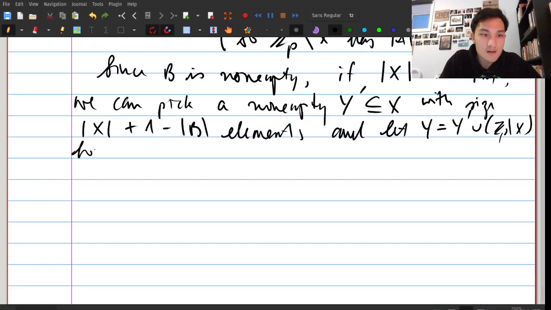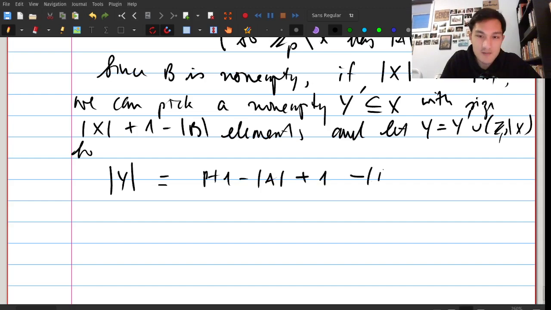So let's count the size of Y. I'll just write out the thing: it's P plus 1 minus the size of A, plus 1 minus the size of B, plus the size of A minus 1. But what is all this?